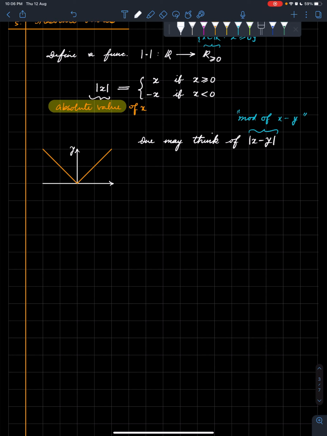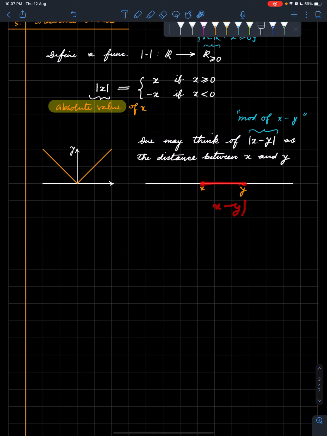Anyway, one may think of the absolute value of x minus y as the distance between x and y, and pictorially, if this is the real line and we have two points x and y, then this length is what one should think of as the absolute value of x minus y.